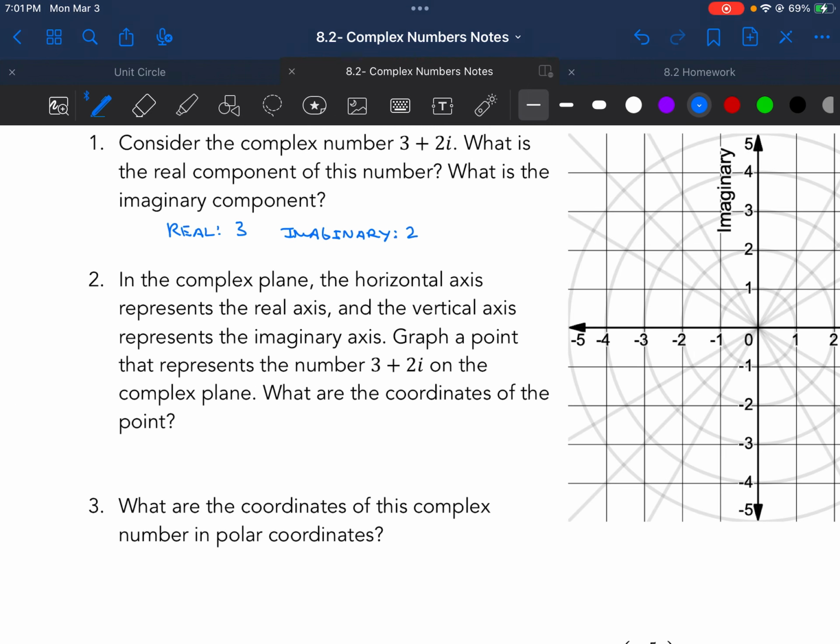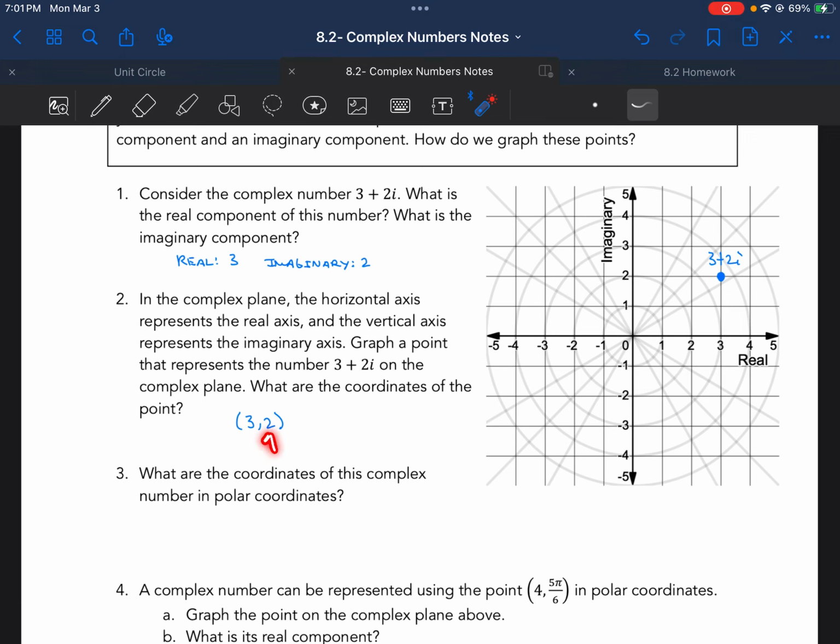As a coordinate, we would say 3, 2: 3 in the real direction, 2 in the imaginary direction. Okay. Next, we want to look at the coordinates of this complex number in polar coordinates.